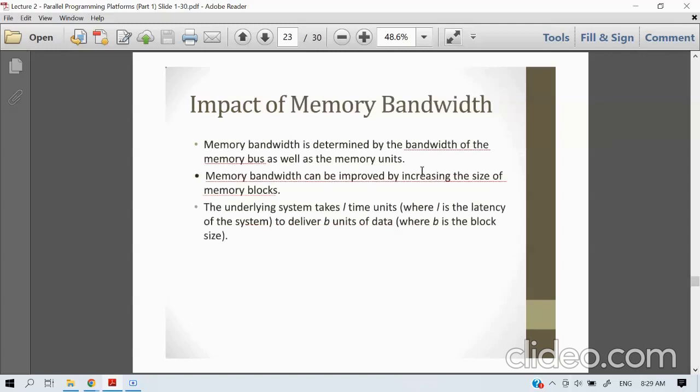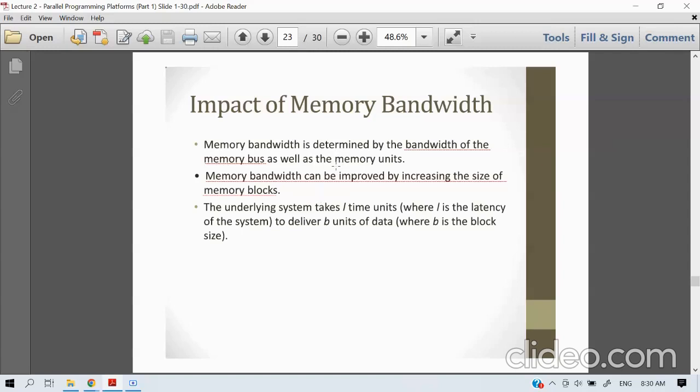Okay, so the impact of memory bandwidth. Memory bandwidth is determined by the bandwidth of the memory bus as well as the memory unit. Just now we looked at the impact of the latency. In this case, we want to look at the bandwidth. Bandwidth is related to the memory bus, how much data the bus can bring to the processor.